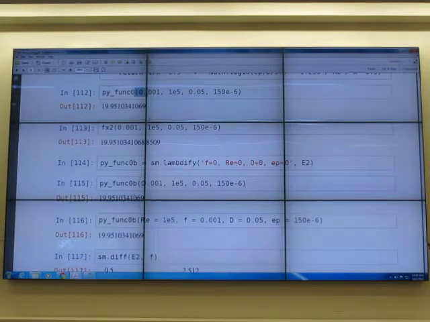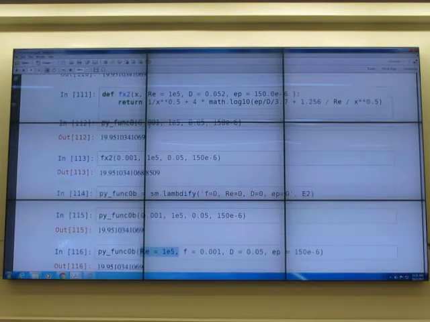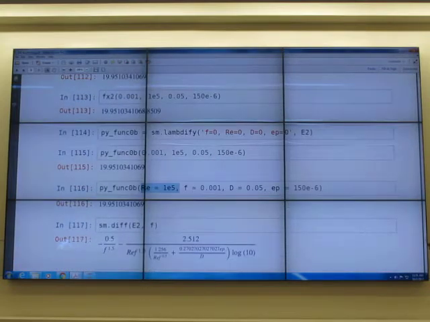First one I do 0.001, 1E5, but this time I do RE equal, F equal, so pi func 0b and pi func 0. One is without equal sign, another is with equal sign. Both of them work correctly, but if you don't have equal sign, your arguments have to come in the right order. If you have equal sign, you may switch the order a little bit.